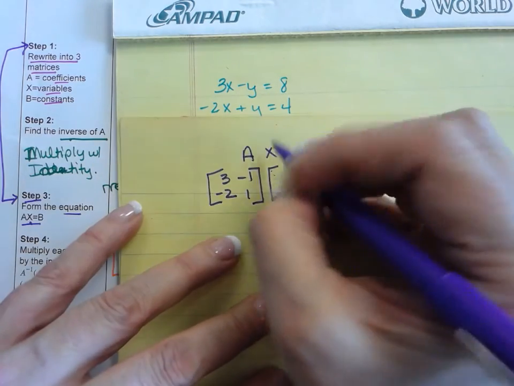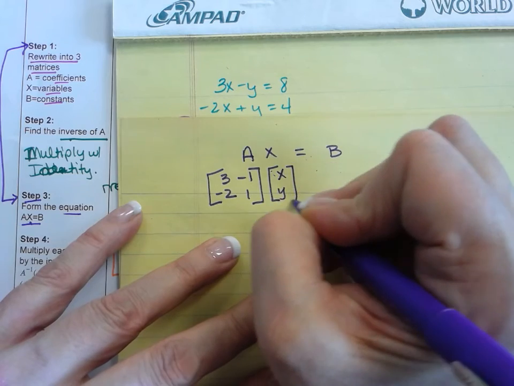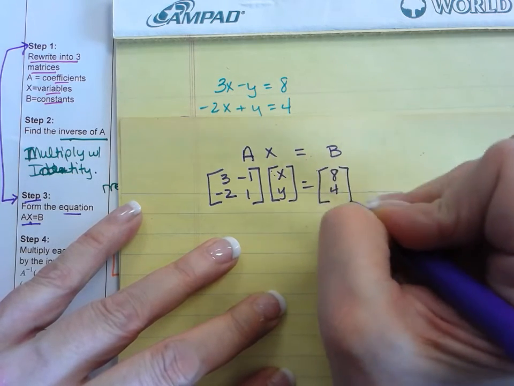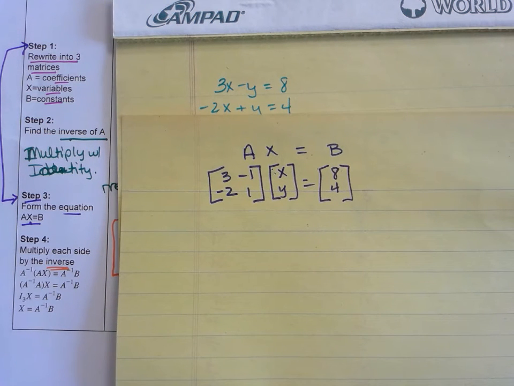My X is going to be X and Y, and my B is going to be 8 and 4. Do you agree with me on that one? Does that make sense? You can combine the steps into the 2, and that's okay.